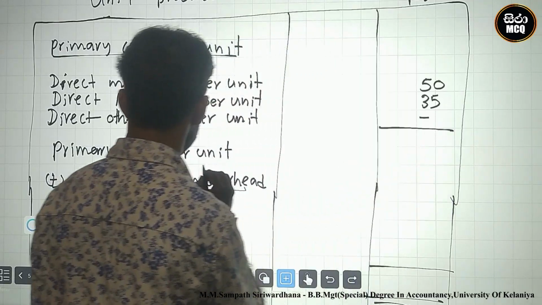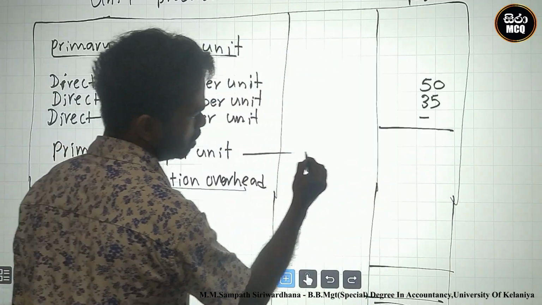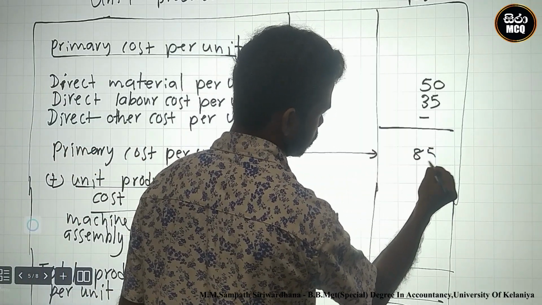Therefore, we can calculate the primary cost per unit as 85.